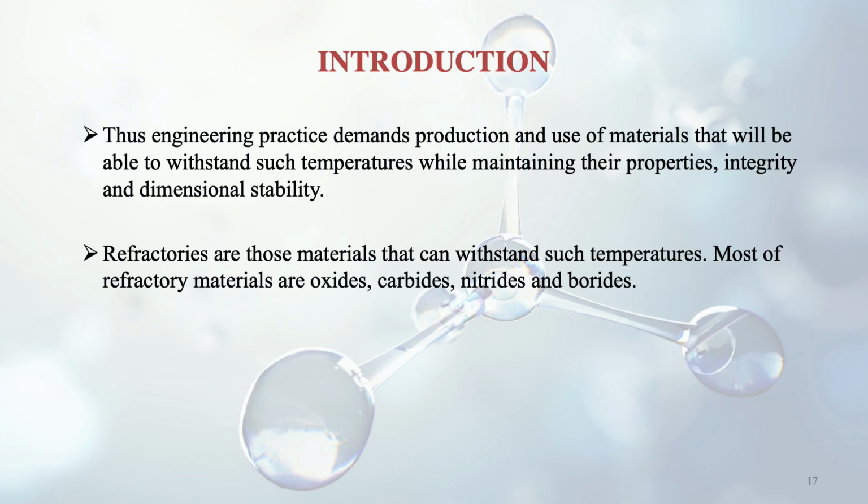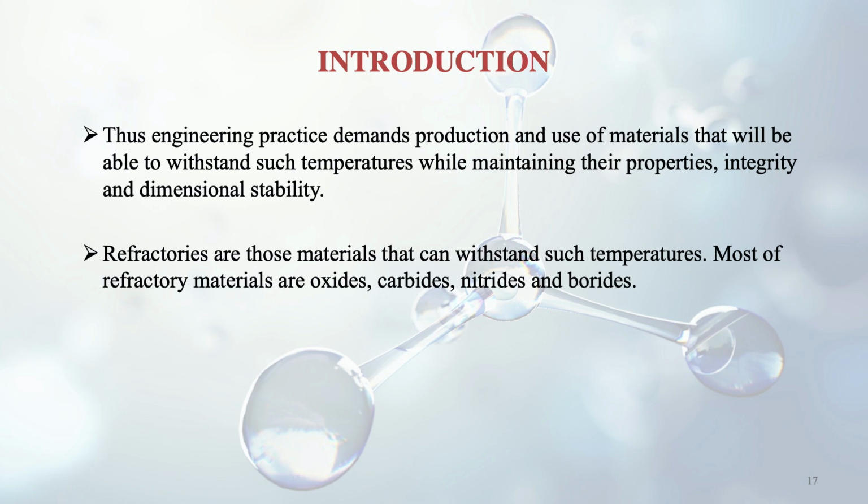We have to look for materials which can withstand such high temperatures, like 2000 degrees centigrade even in the internal combustion chamber. Then there are refractories. These are those materials that can withstand such temperatures. So the materials which can withstand such high temperatures are known as refractories.